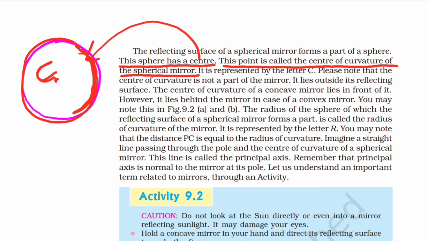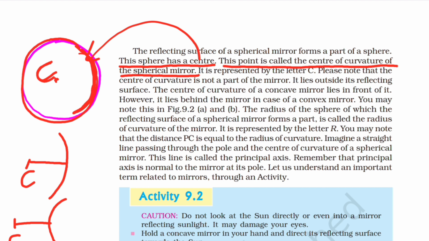I will show with a small diagram. If you draw like this, the point from where you have drawn is called the center of curvature. It is represented by the capital letter C. Please note that the center of curvature is not a part of the mirror.